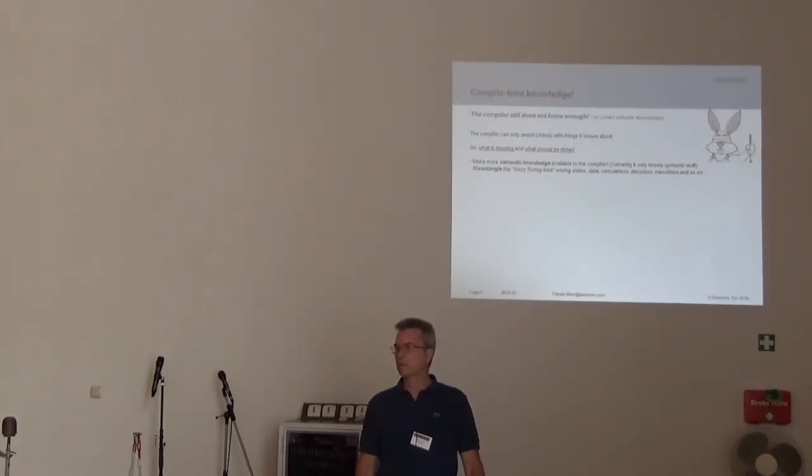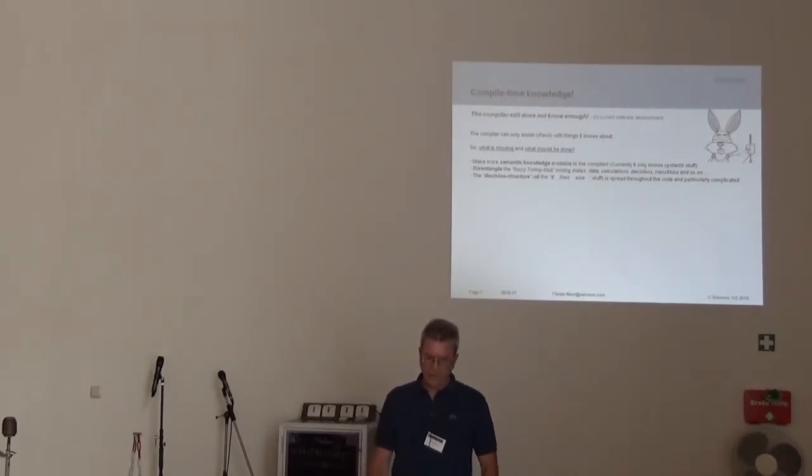And what I mentioned before, all the transitions from this state to that state is something the compiler does not know about. It does not know about states, and it does not know about transitions, and it cannot assist you there in any way.